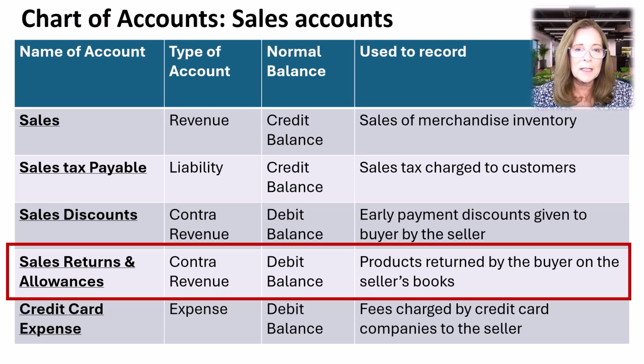Another possibility is that the sales team is sending too much product to customers, perhaps for purposes of increasing their commission, which is more of an internal problem that should also be addressed quickly. Another possibility is that the company just has too generous of a return policy and needs to understand the cost of that policy. Let's look at how we distinguish sales returns from sales allowances and how they are recorded.